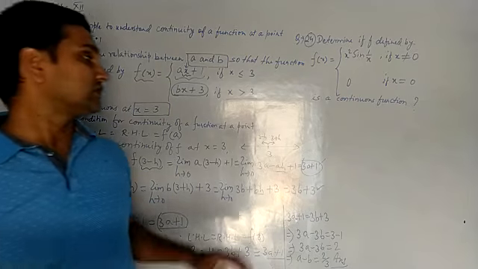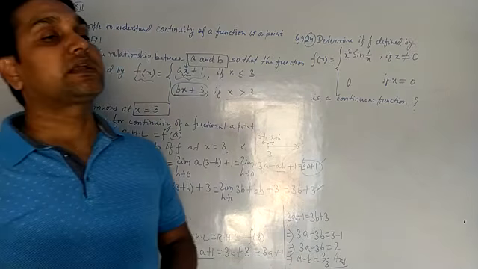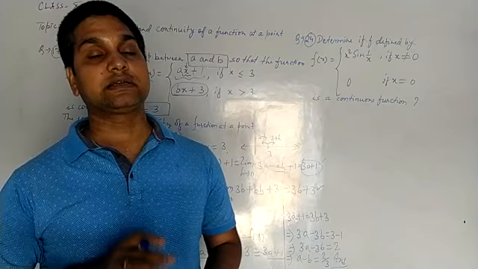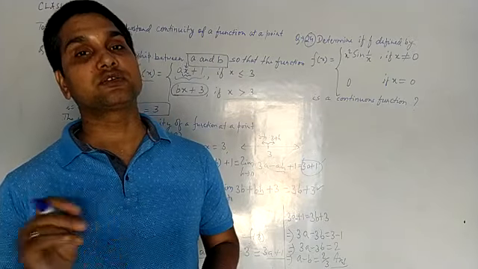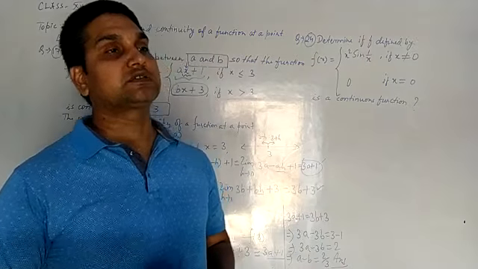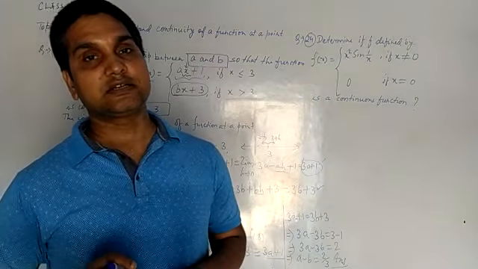Okay. So in that way we can understand that if any question is given, it is declared whether the function is continuous or not, then we will check the continuity of a function.